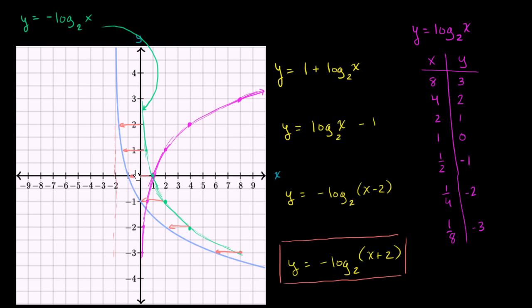So you could try values out if you like. You could take all of these values and subtract 2 from them. And then when you add 2, you're going to get back to these values. So if you shift to the left by 2, that's like replacing the x with an x plus 2. So this is what is being graphed. And once again, try out the values if you don't believe me.